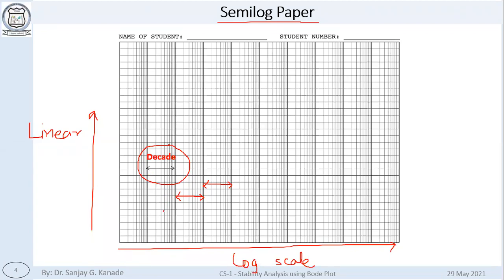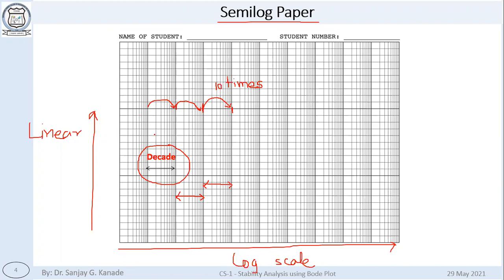What is your idea about this decade? What is the relationship? Every time you go one decade higher, the frequency becomes how much? Frequency is 10 times, right? In other words, the ratio between the higher end frequency and lower end frequency of the decade is 10.